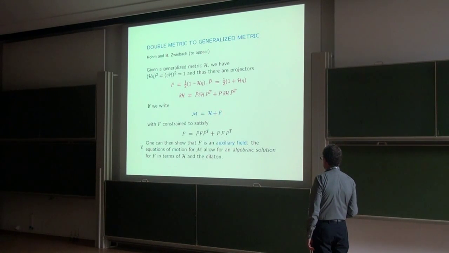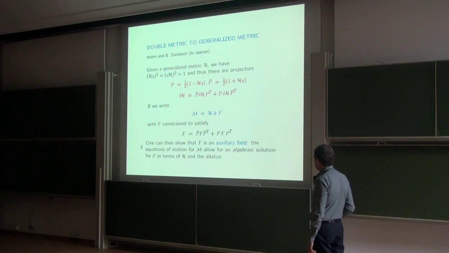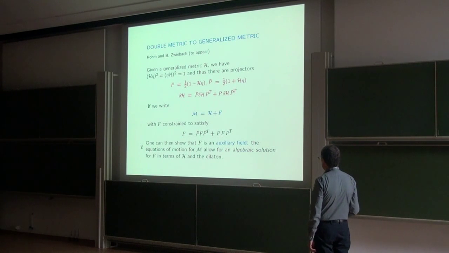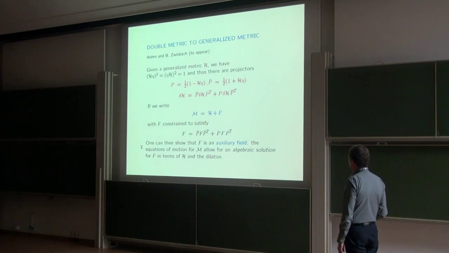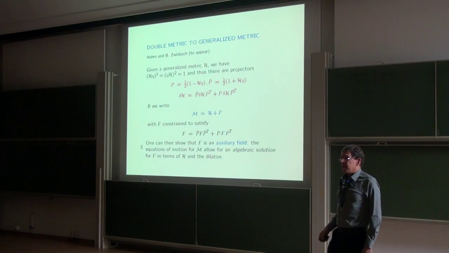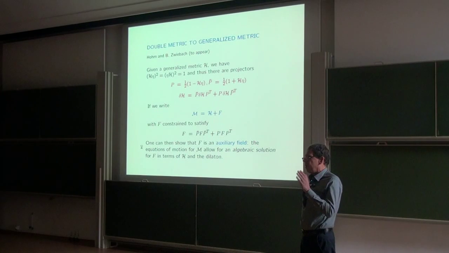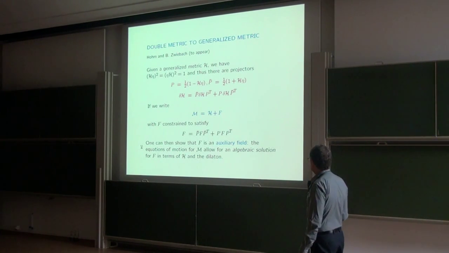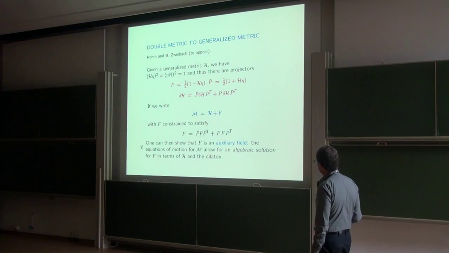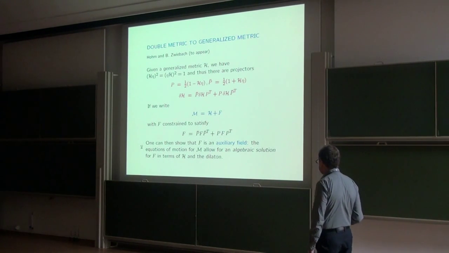Because if this is perturbative and would have off-diagonal pieces, they could be absorbed into H. So this seems a natural way to try to expand a double metric in terms of H plus a constrained object where the projectors depend on H. So in our earlier work with Siegel, we didn't know how to do a systematic expansion of the double metric in terms of generalized metric, but this seems to succeed.